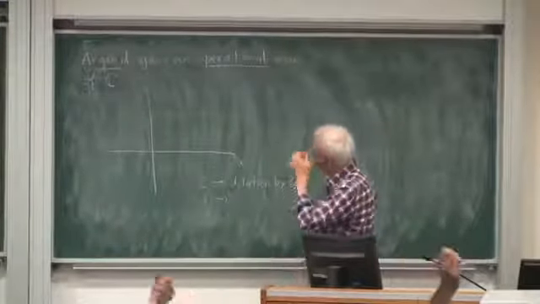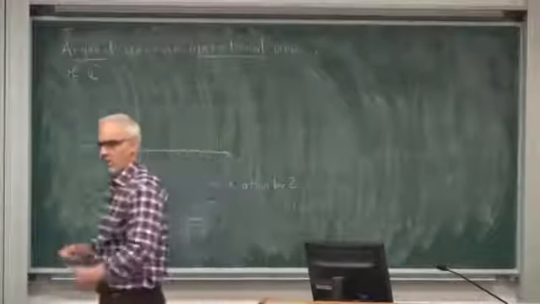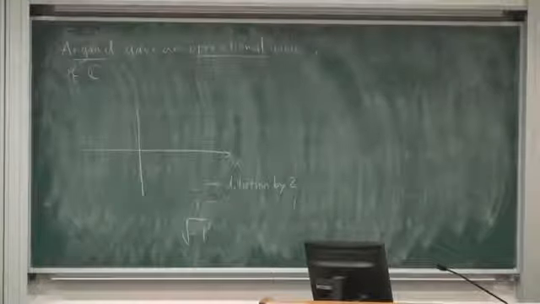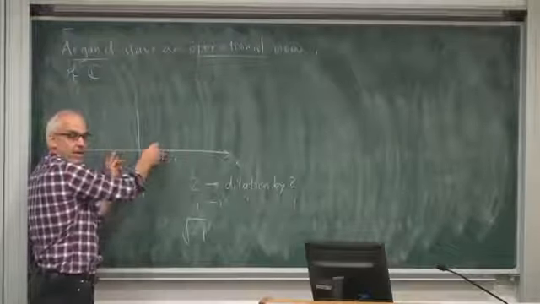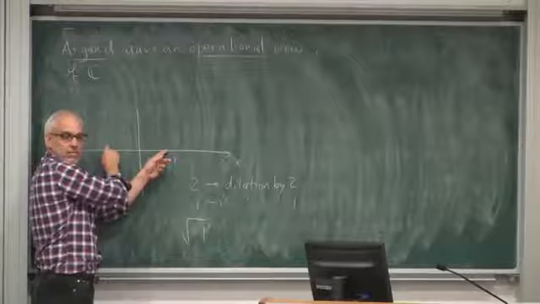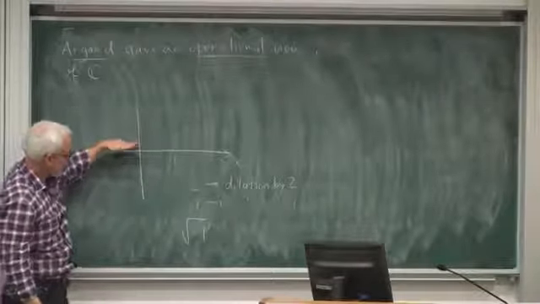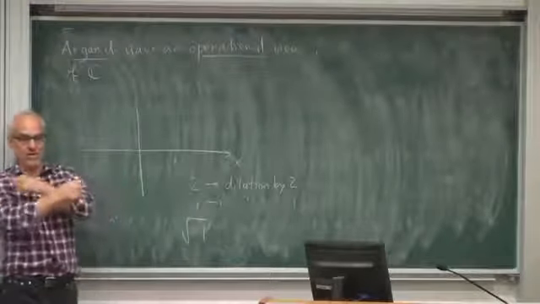then Argand said, okay, well, how can we find a square root of minus 1? A square root of minus 1, which should be a transformation, so that when we do it twice, we get a dilation of minus 1. So a dilation of minus 1 is just a reflection in the origin. And he realized that by thinking only in one dimension, it's hard to find a square root of the reflection.